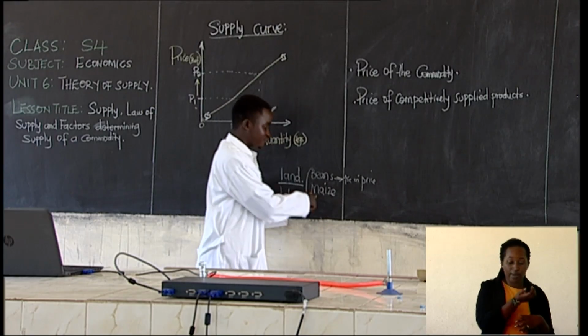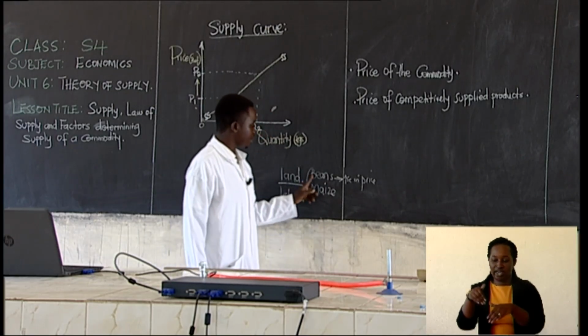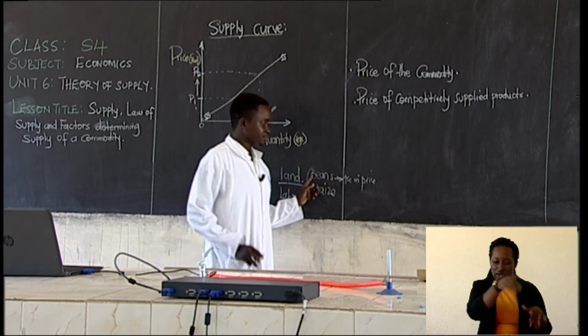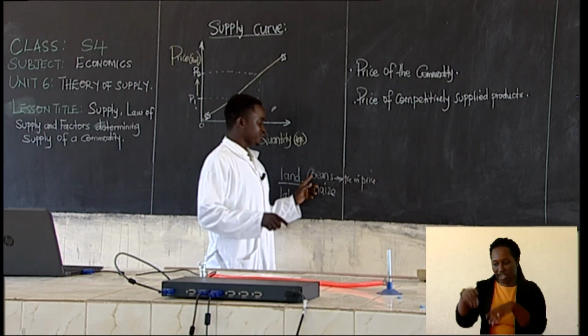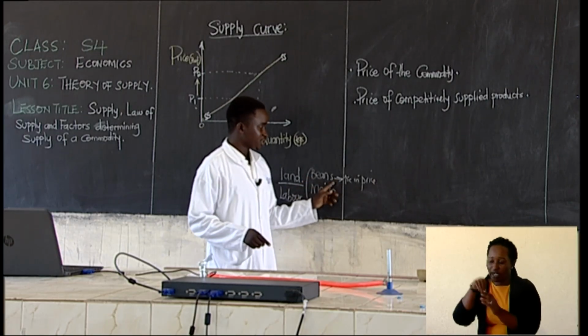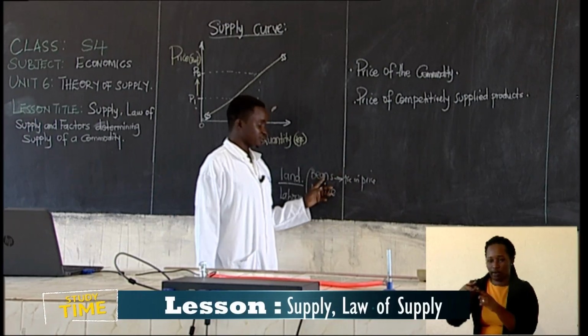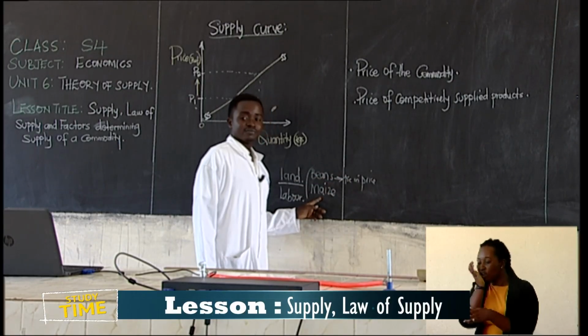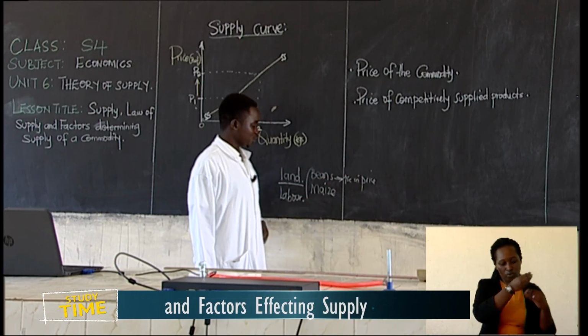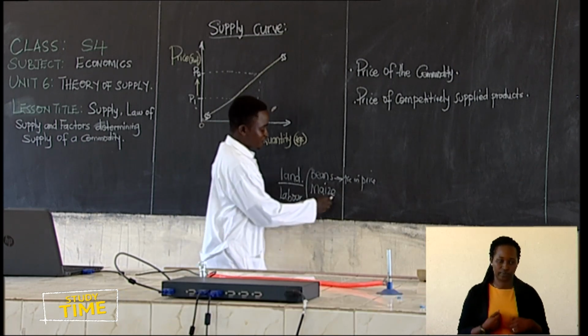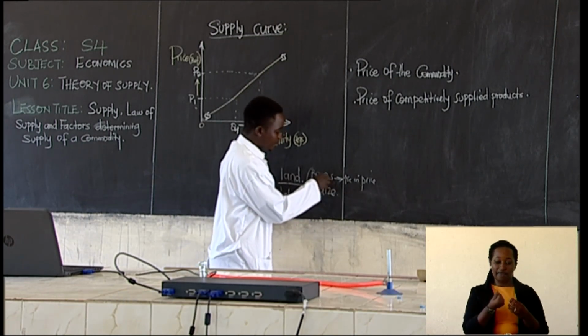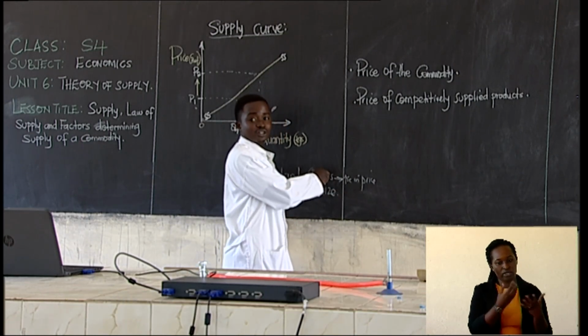So the supply of maize will reduce and the supply of beans will increase. Simply because the price of beans has increased, it is profitable to invest in production of beans than in production of maize.